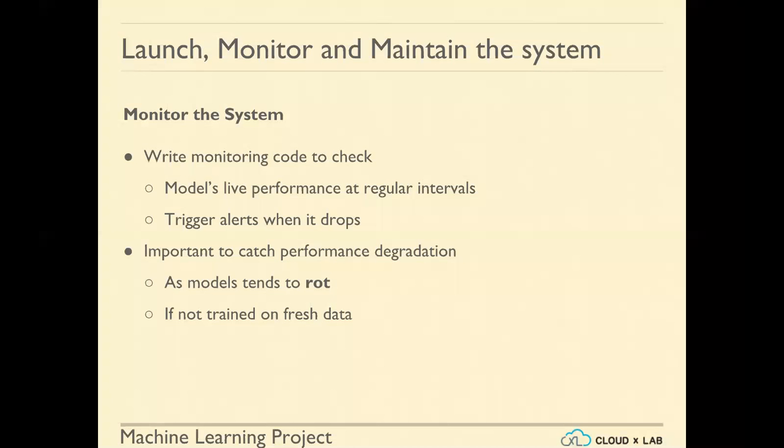If you are deploying a model, retraining is not something you would like to do periodically, so you must keep an eye on performance degradation of the algorithm, as models start rotting after a point of time.